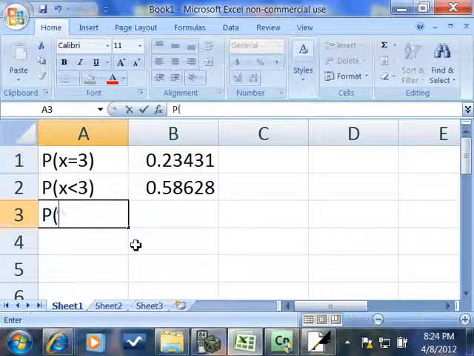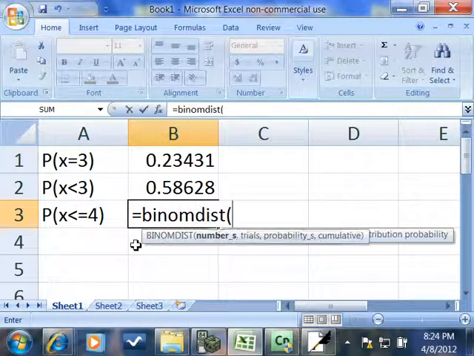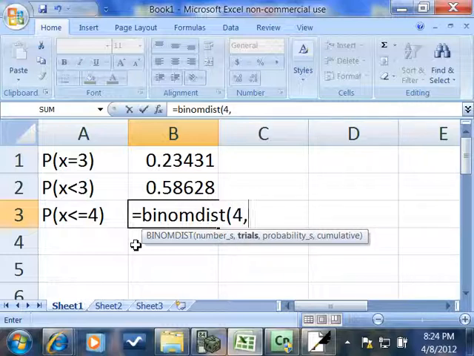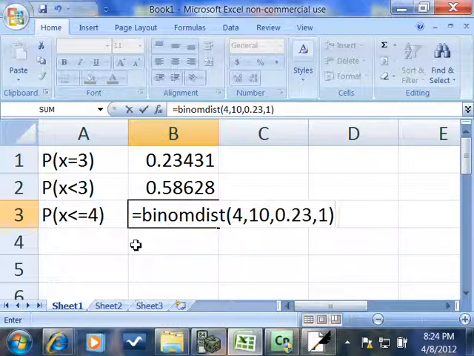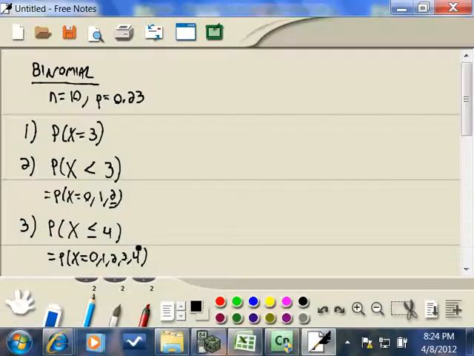So if I come over here, probability x is less than or equal to 4, I do binom distribution again. Beginning parentheses, and the ending number when going from 0 up to a number. So put in 4, then 10 still, 0.23 still, and cumulative will add up all the probabilities for x equals 0, x equals 1, x equals 2, x equals 3, and x equals 4. Which gives us that.